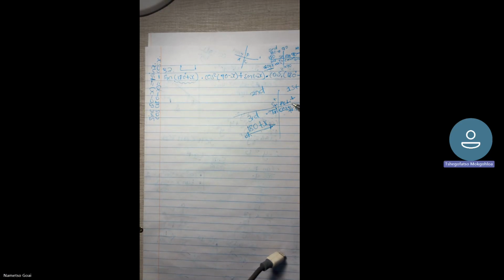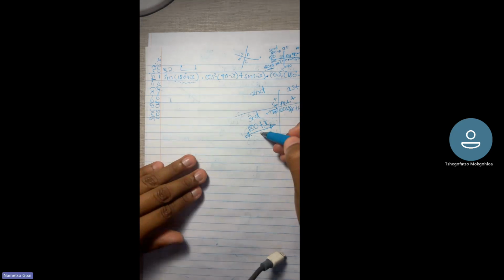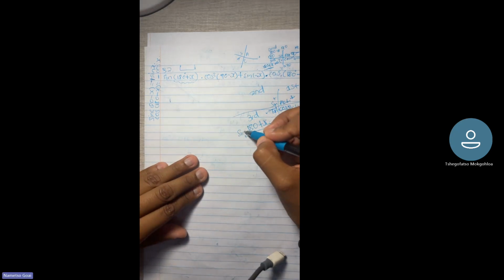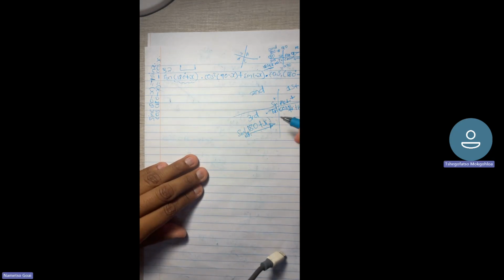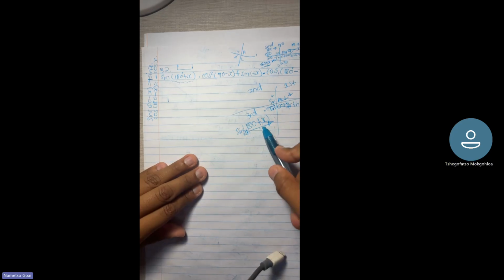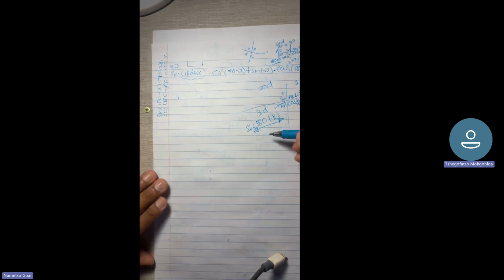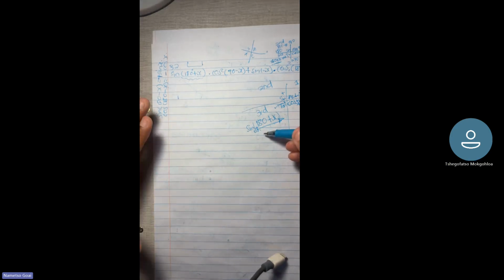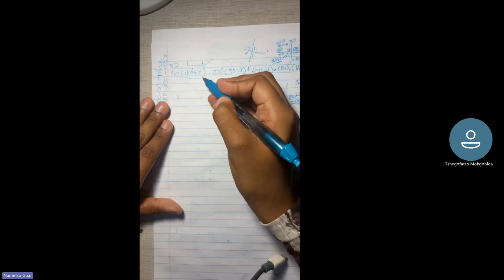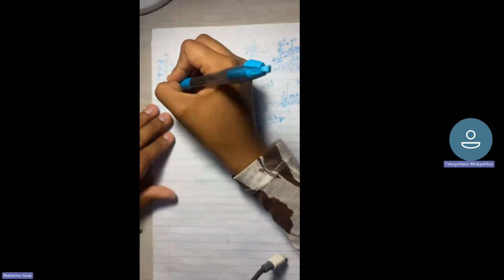It will be negative because if we have sine 180 plus x, it means that sine is in here, and sine is not supposed to be here. So it means that now we have a negative sine x, right? You understand this part? Okay. Negative sine x.